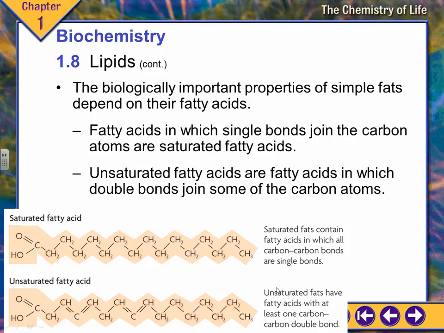But what's cool, you guys, is which one's healthier for you? The unsaturated, because it's a little too basic, but just to give you an idea, it's harder for you to break it down because of the double bonds. And so then you're not pulling every bit of energy out of it.